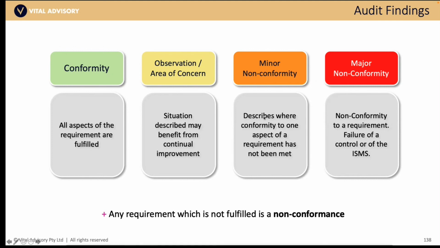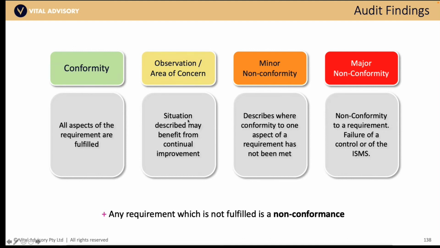A minor nonconformity is where some aspect of the requirement has not been met. So it's being done, and the word we typically would use is partially. Something is partially done that wasn't reviewed this year, that would be a nonconformity, a minor. But if it was never reviewed and I'm in the third year, that's probably a major, that kind of thing.